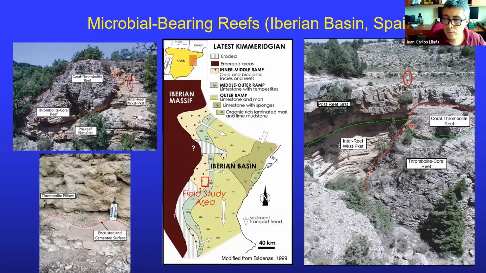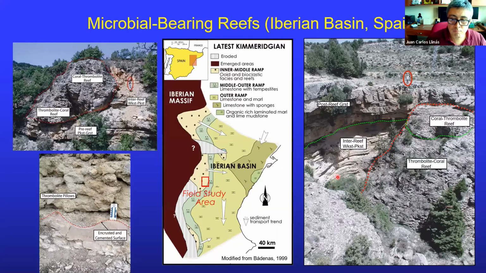Then as we get into the maximum flooding surface and the highstand, the regressive phase of the cycle, it switches to more oxygenated types of organisms building the buildups, and later on they get buried by these post-reef, probably shoal or shore phase deposits. So there's a lot of things going on here that support our interpretation of the subsurface in the Gulf of Mexico.